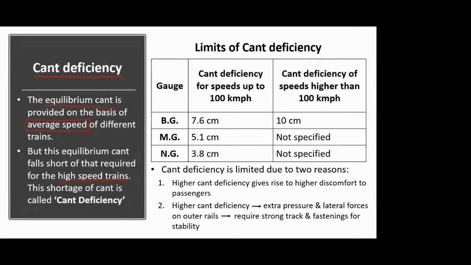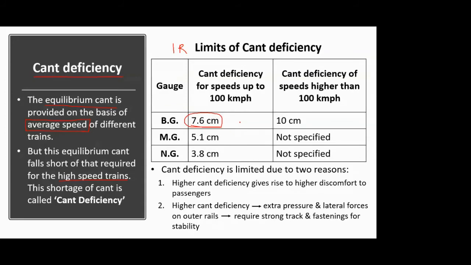Grammatically it sounds awful, but this Cant is different. In Indian Railways the limits are specified: if you have a broad gauge and the speed of the train is up to 100 kmph, then a 7.6 centimeter deficiency is allowed, but greater than this you can't have.